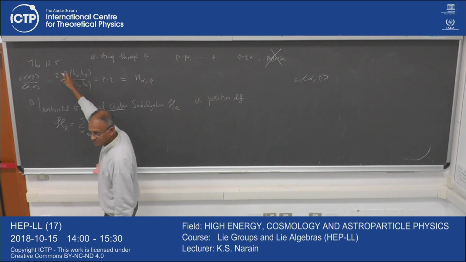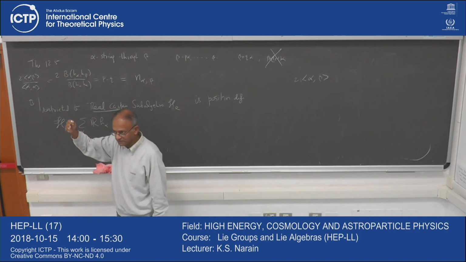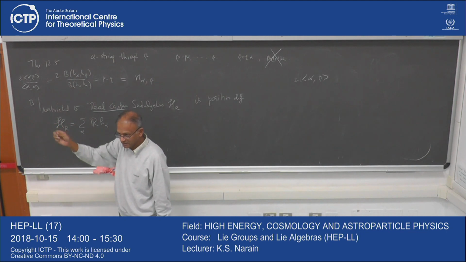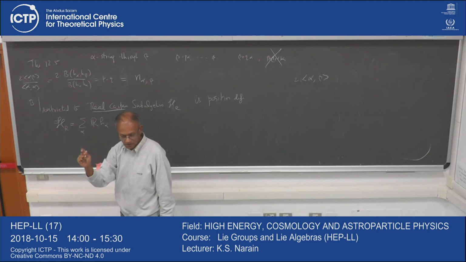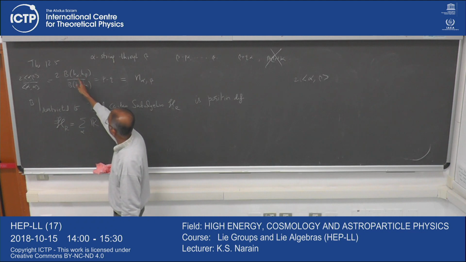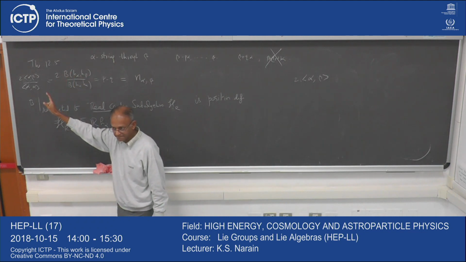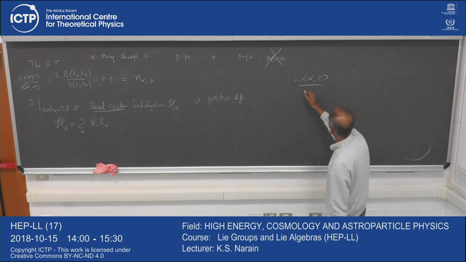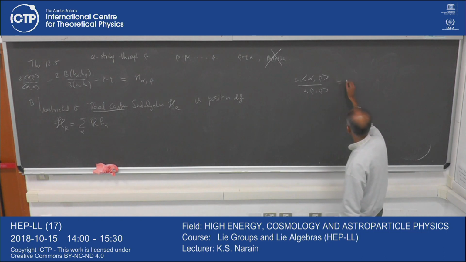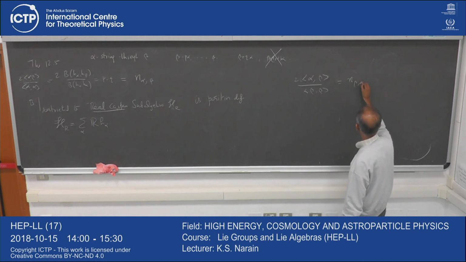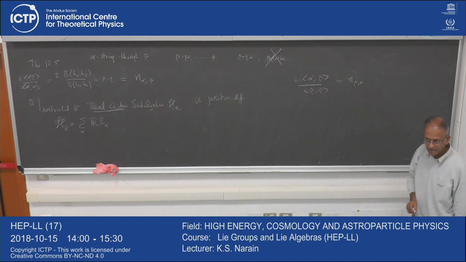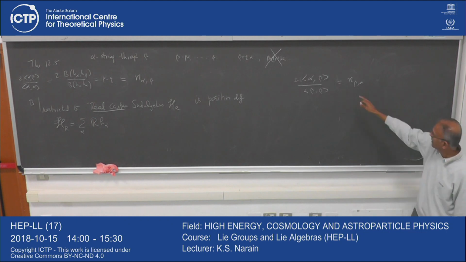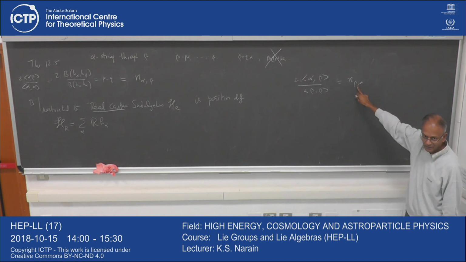Because b is defined as a trace of the two adjoint matrices, but trace is cyclic, so whether you put h alpha first or h beta first, it doesn't matter. The numerator is the same, but the denominator now is beta. If I exchange alpha and beta there, this will be called n beta alpha. One has to keep the position straight, because it's not symmetric.